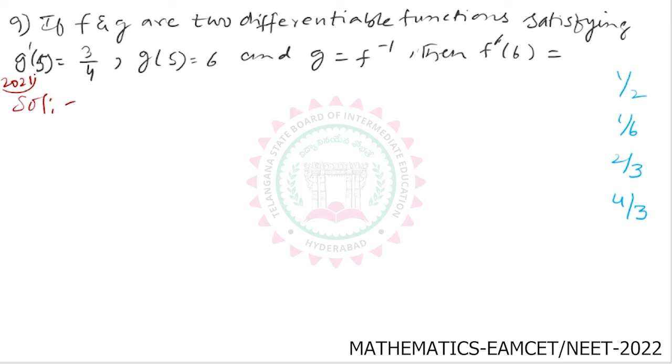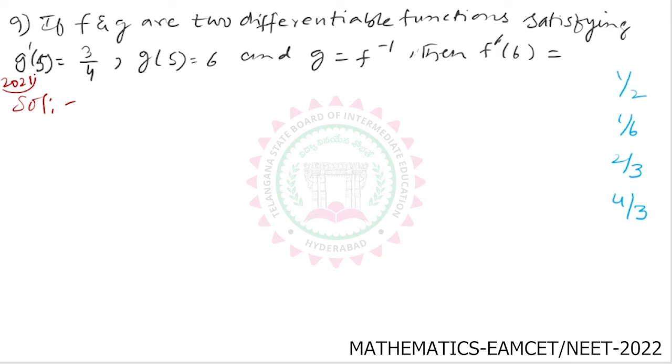Now what is given? g dash of 5 is defined as something, and g of 5 is also defined as something. And one condition, g is equal to f inverse, is given. So we have to find the value of f dash x.